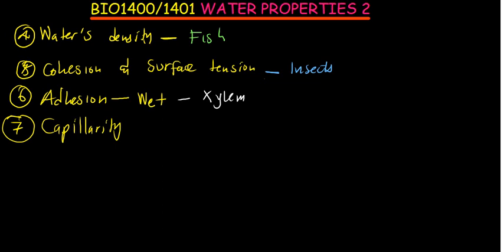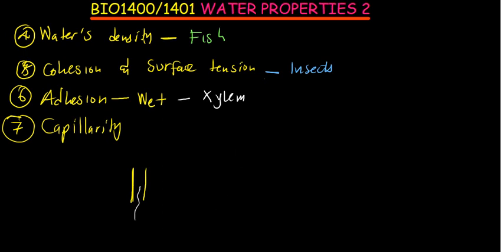It occurs when the forces of adhesion to the vessel walls are stronger than the forces of cohesion between the liquid molecules. When there is a greater force of attraction between the vessel and the water, then that water is going to be able to flow upwards.